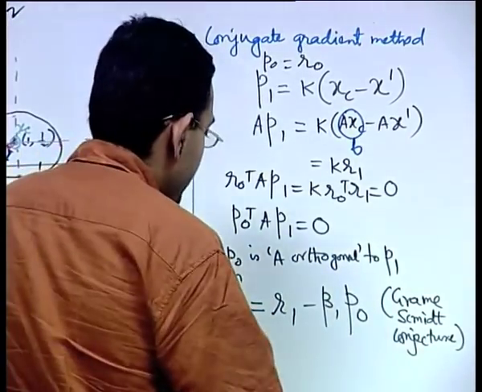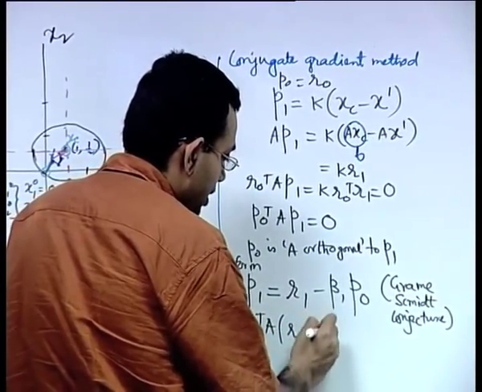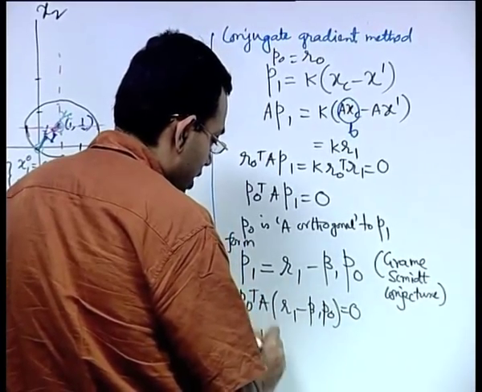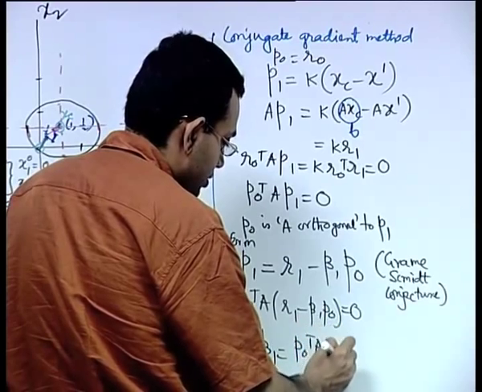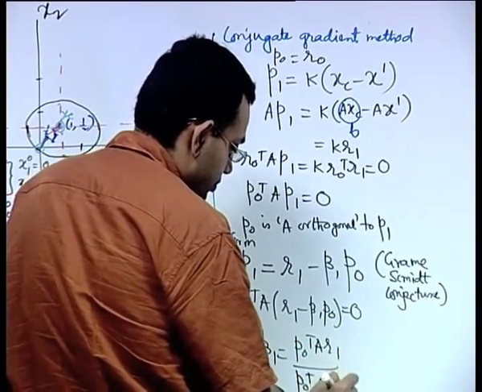So then p0 transpose A into r1 minus beta 1 p0 is equal to 0. So you have beta 1 as p0 transpose A r1 by p0 transpose A p0.